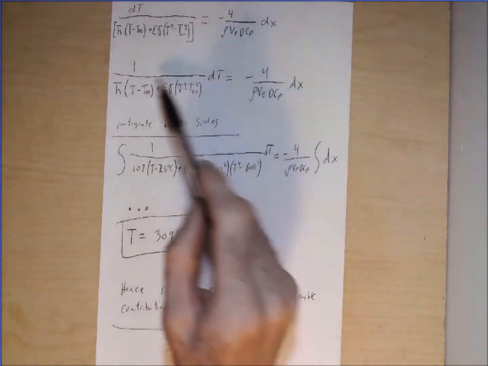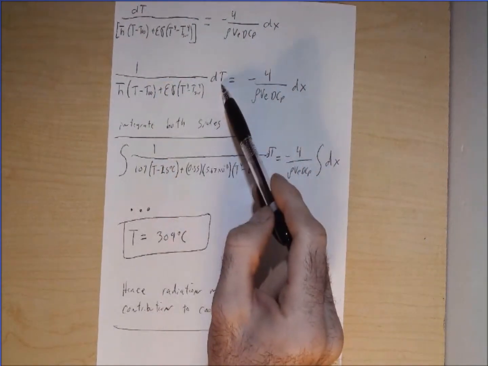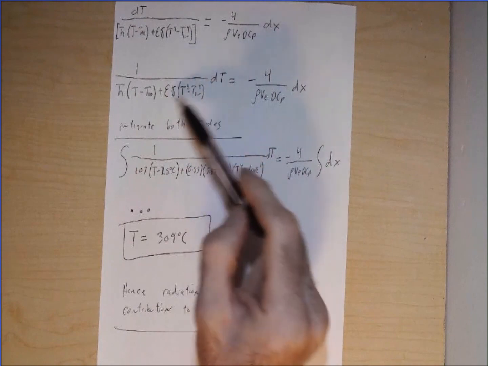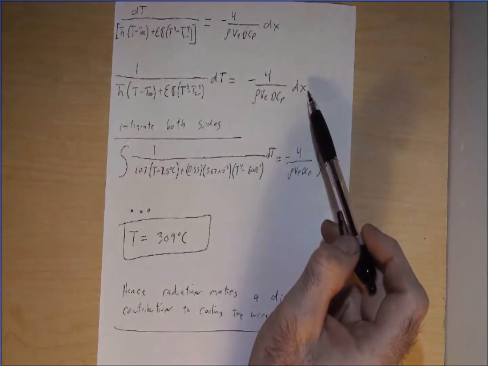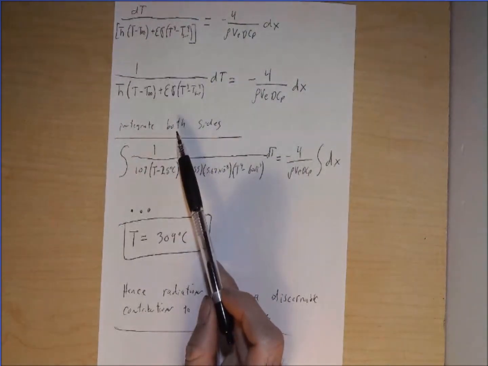I move things around just a little bit more, put this 1 over this value, pull my dT out to make it into an integration form that I'm used to solving, and this side stays the same.